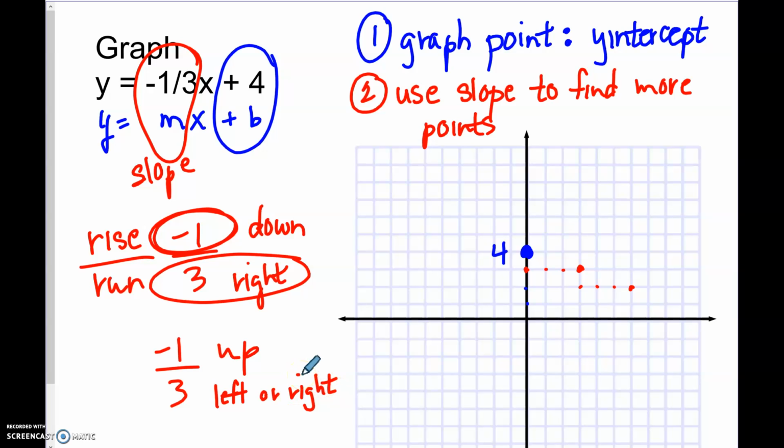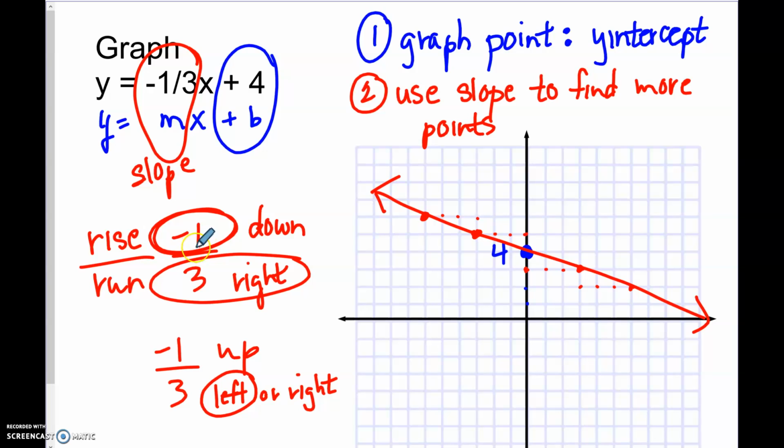Because this is -1/3, I would go up and left. So I'm going to do it that way: up 1 and then left 1, 2, 3. Up 1 and left 2, 3. Now, are the two dots that I just did in the same line as the other dots that I did first? So really, it just matters however you need to do this.